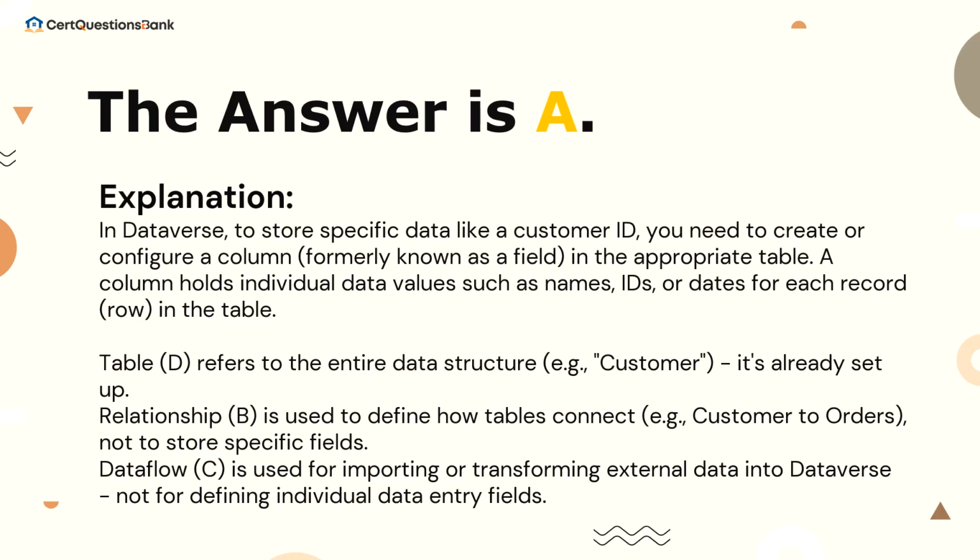Table, D, refers to the entire data structure, e.g., customer, it's already set up. Relationship, B, is used to define how tables connect, e.g., customer to orders, not to store specific fields. Dataflow, C, is used for importing or transforming external data into Dataverse, not for defining individual data entry fields.